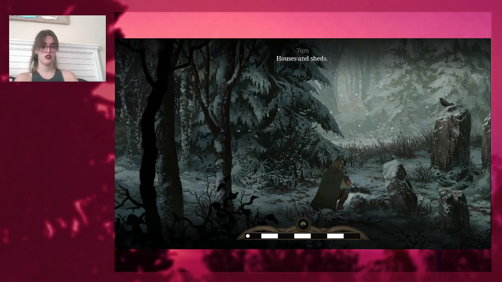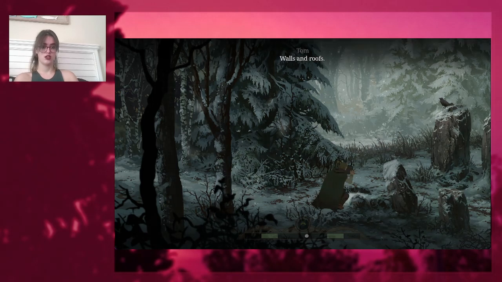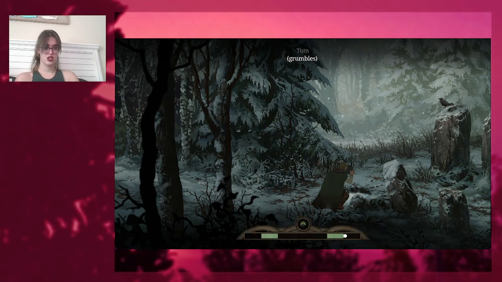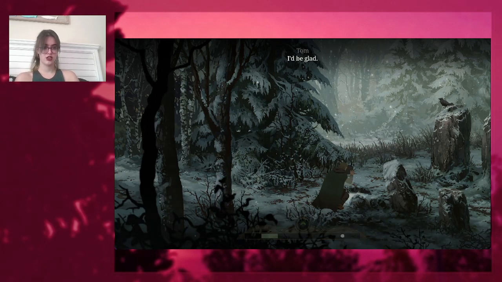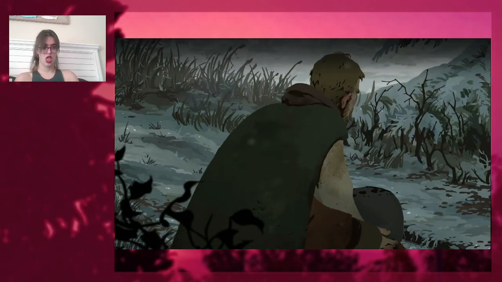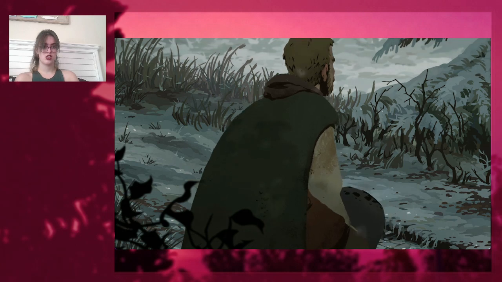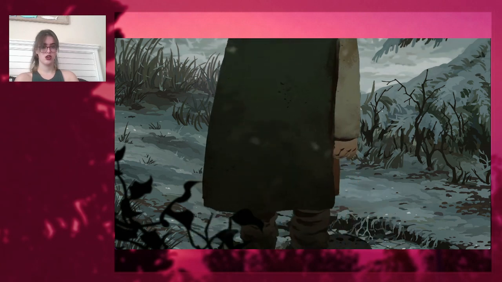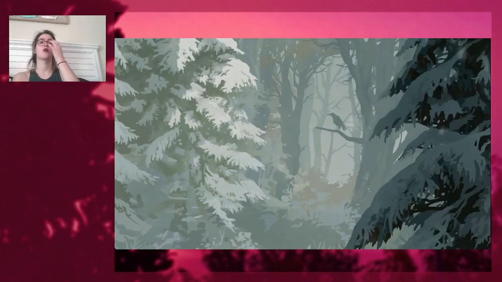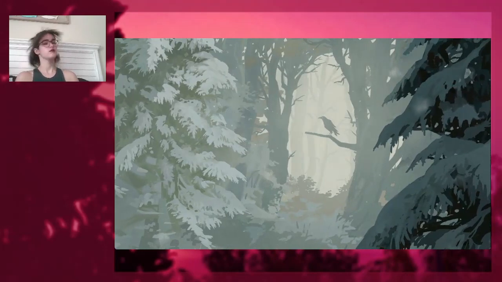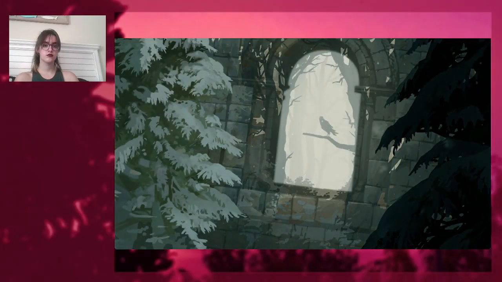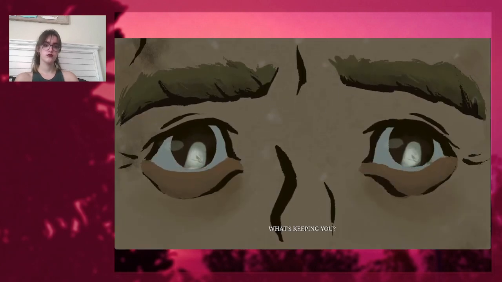Houses and sheds. Walls and roofs. Oh. I'd be glad. I should be glad. Oh. This art style is very nice. Tom, what's keeping you?